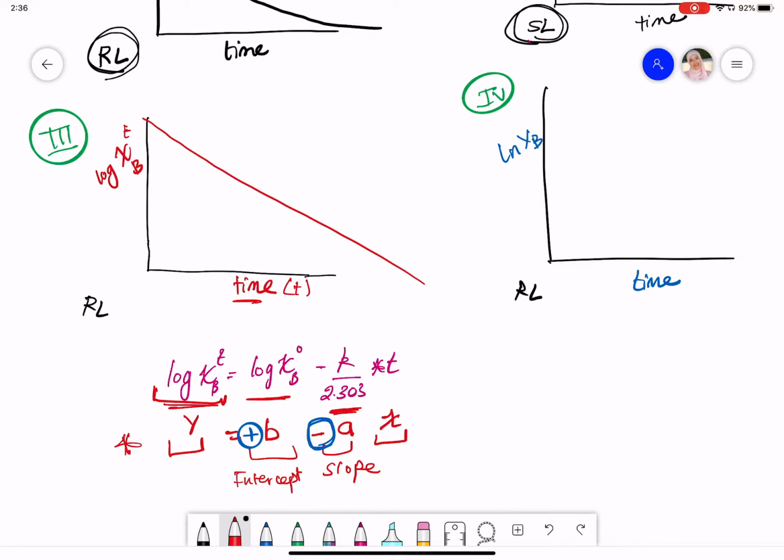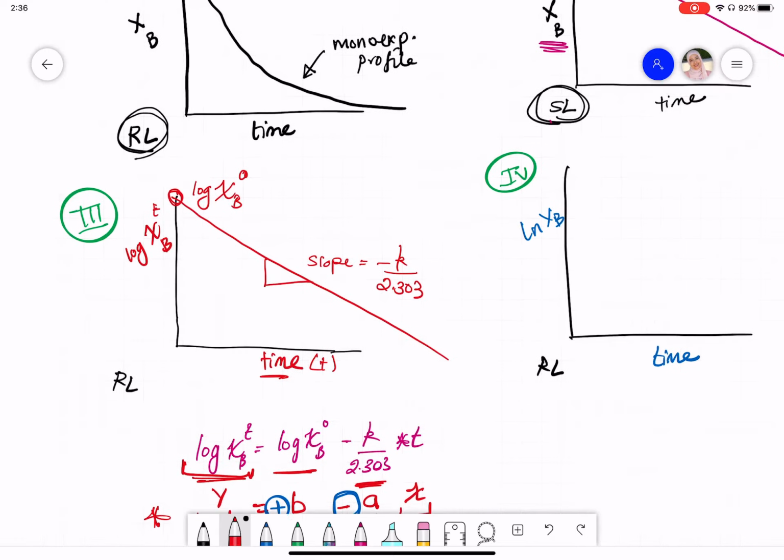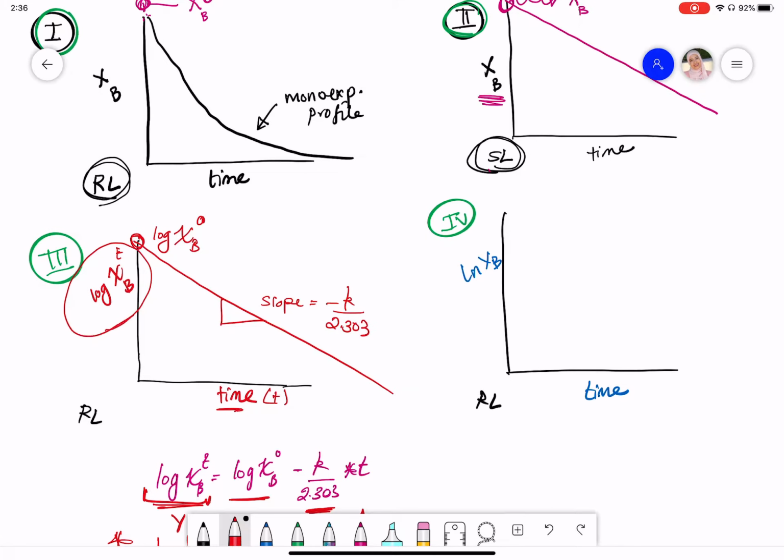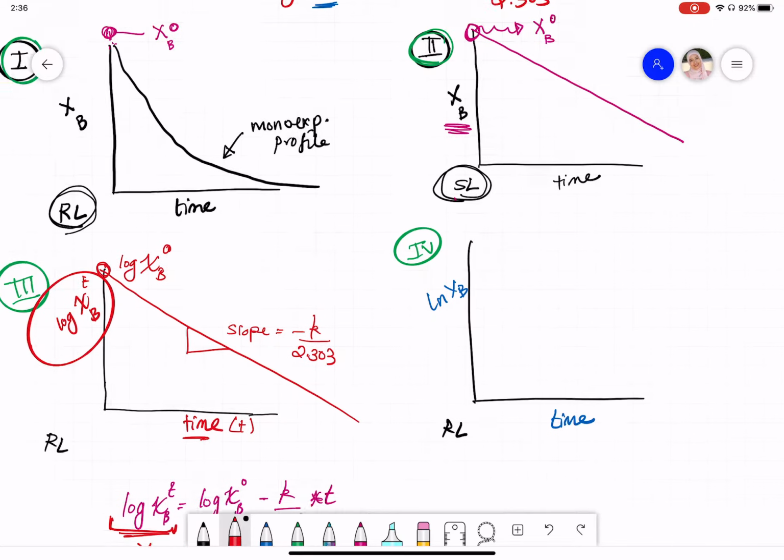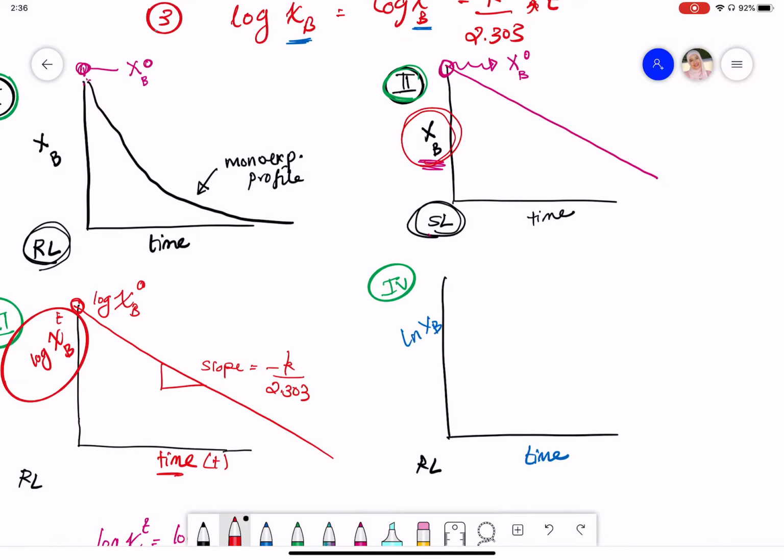And this will be log Xp naught, and the slope will be equal to minus k over 2.303. And as we mentioned before, here is a real transformation of the y numbers or y amounts to log rather than just visualizing it on a log scale.